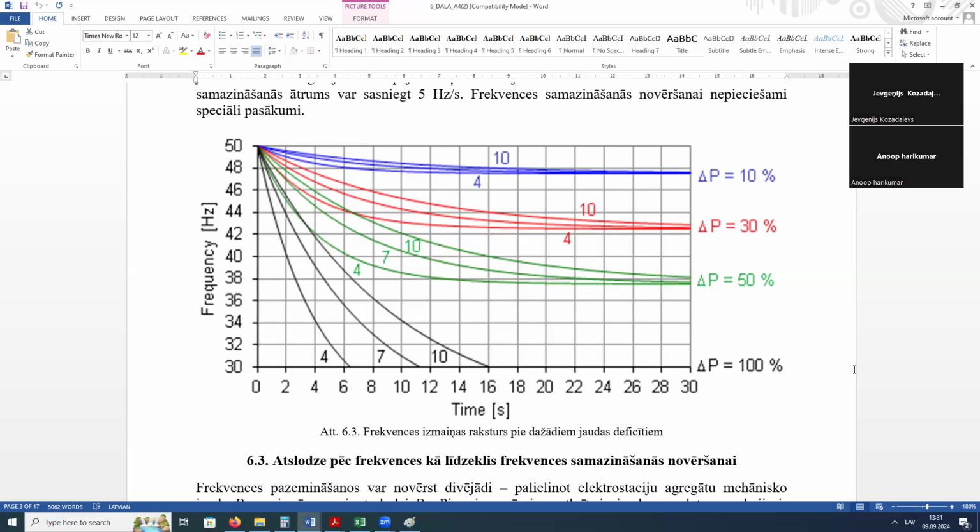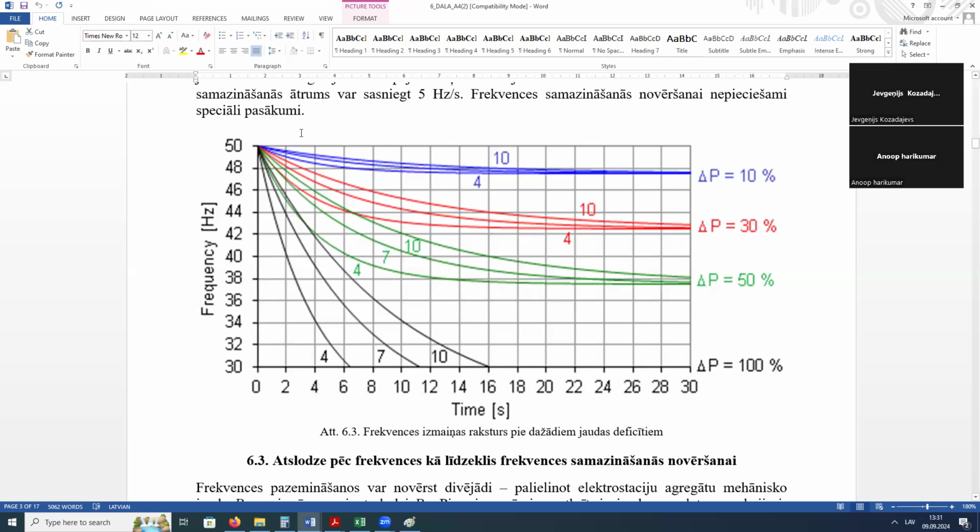The last chance is to disconnect the load to restore the balance. And here, for example, we have a very interesting figure about the speed of frequency drop in case of different shortage of power in a power system: 10%, 30%, 50%, 100%.